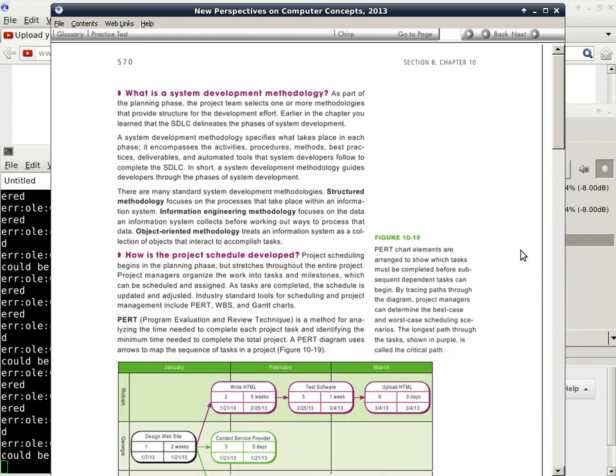A system development methodology. Now that is a very interesting topic that deserves its own 3-unit course easily. It's basically a question of how do you want to develop a new system? I mean, it's all those phases that we talked about.